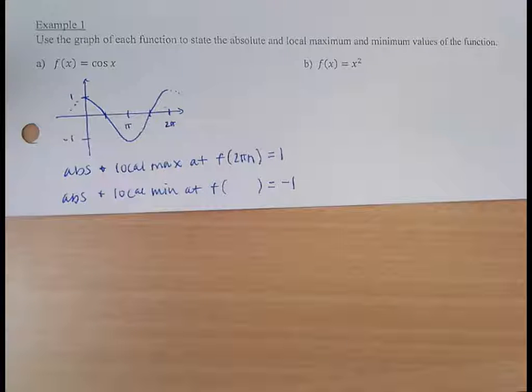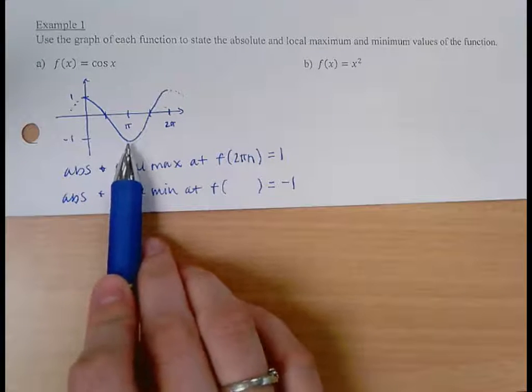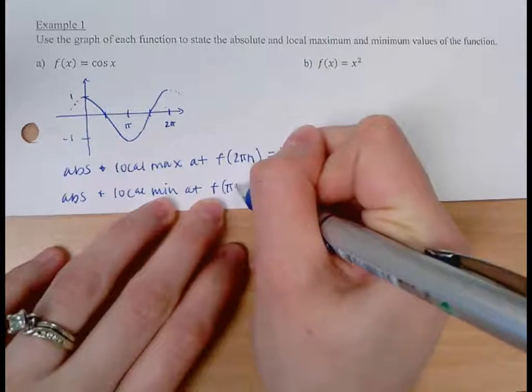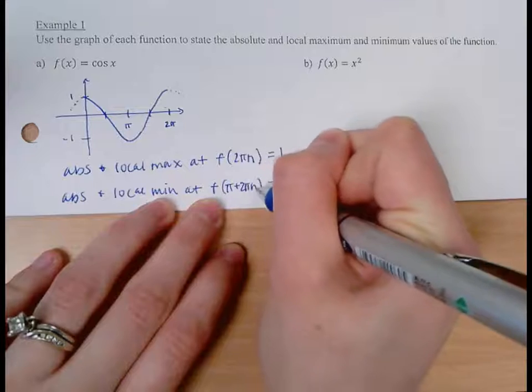So where do all of the minimums occur? Or how would you write that? It's not pi n. Pi, yeah, so it does occur at pi and then every 2 pi. So you'd have to write it like pi plus 2 pi n.